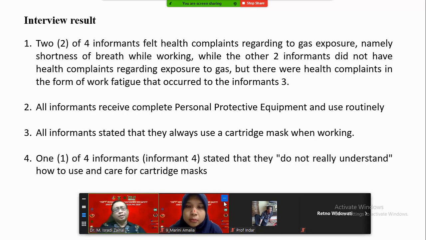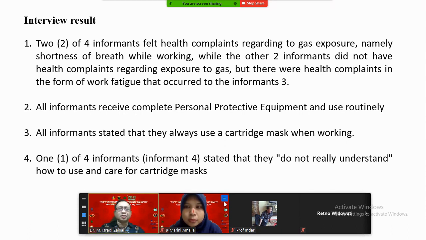What about the interview with the informants, the people who work in the location? The interview results show that two of four informants have complaints regarding gas exposure, namely shortness of breath while walking, while the other two informants did not have health complaints regarding gas exposure, but had work fatigue.